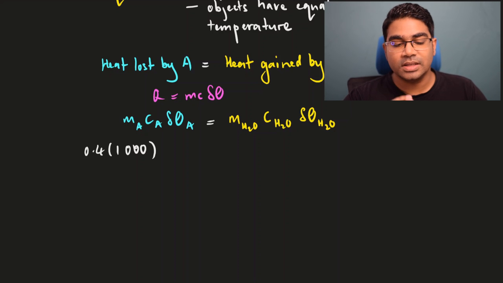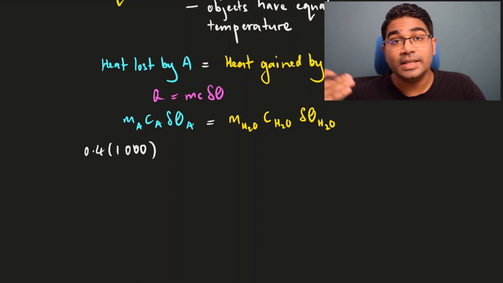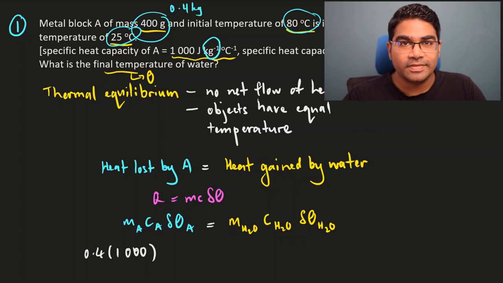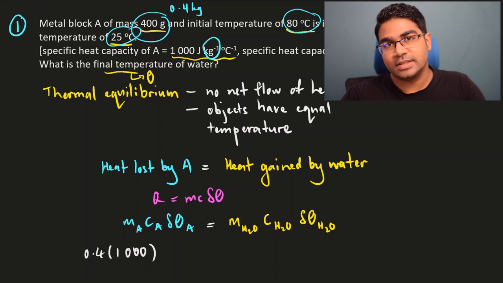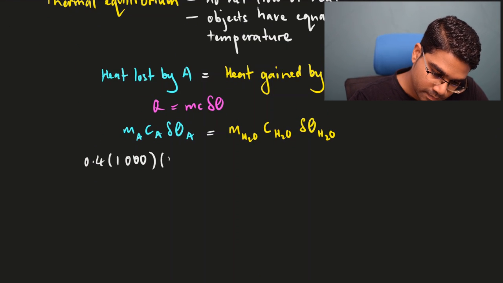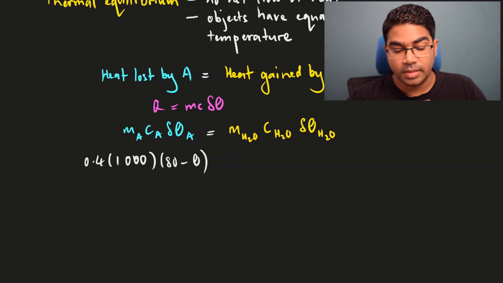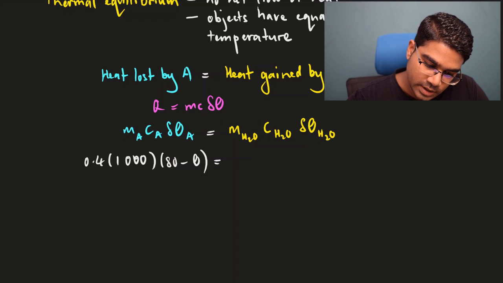So here heat is lost by A, which means theta is actually a lower temperature than the original temperature since heat is lost. So we need to put 80 first because 80 is larger than theta. So we have 80 minus theta. So this is the heat loss by A. Now we equate it to the heat gained by water.